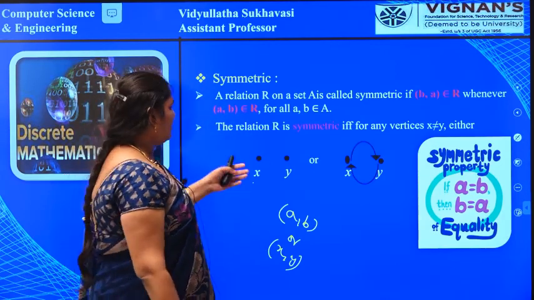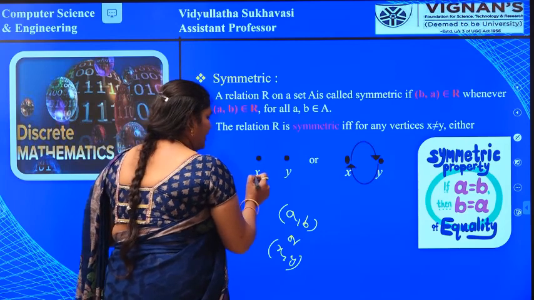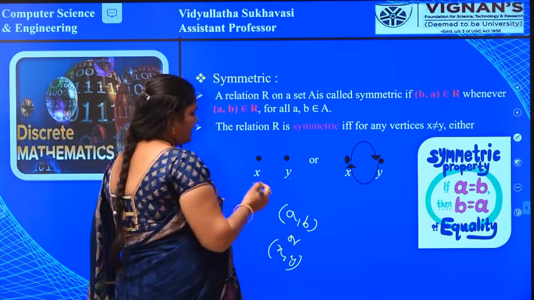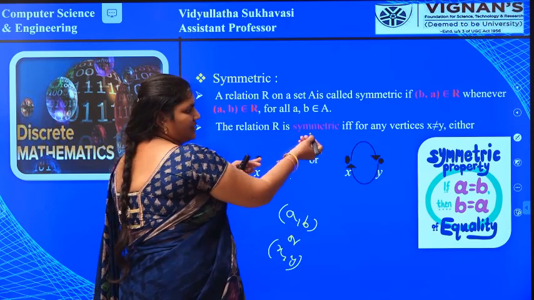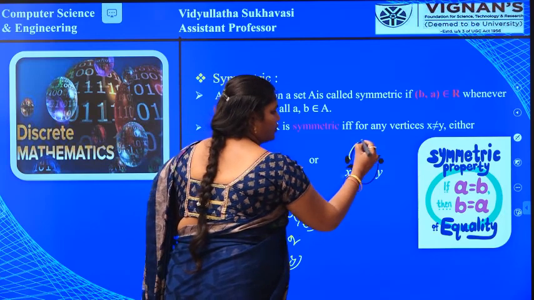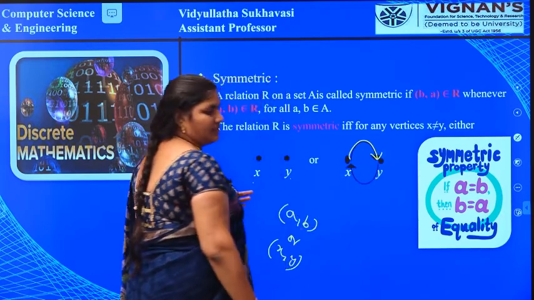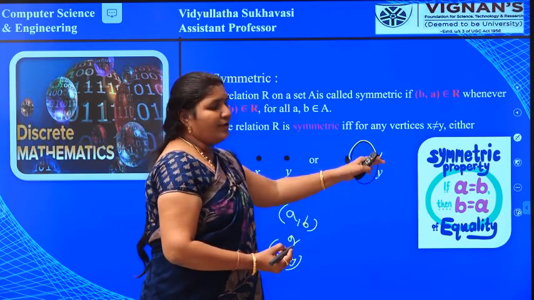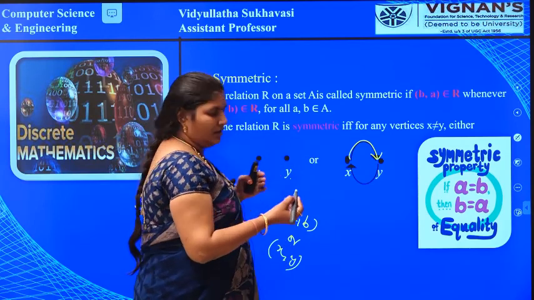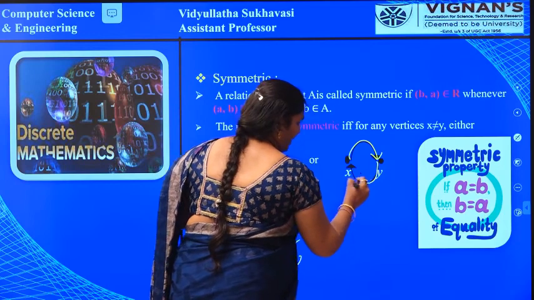See here, we have taken two nodes, x and y. See how we are going to represent the symmetric in the case of graphs. From x to y, this arrow indicates the path moving from x to y, and then from y to x.